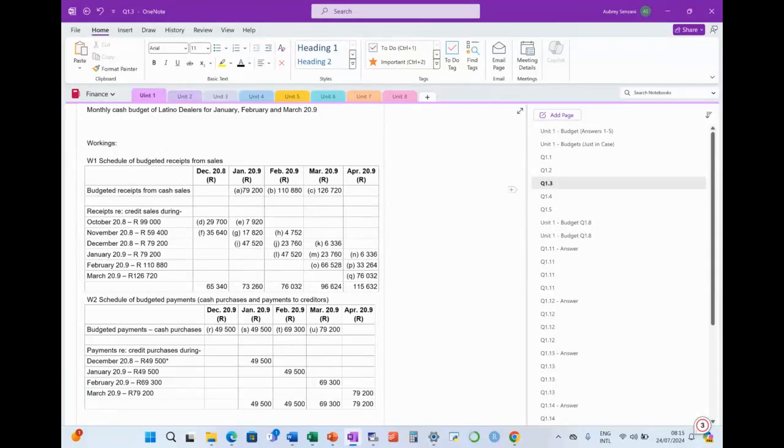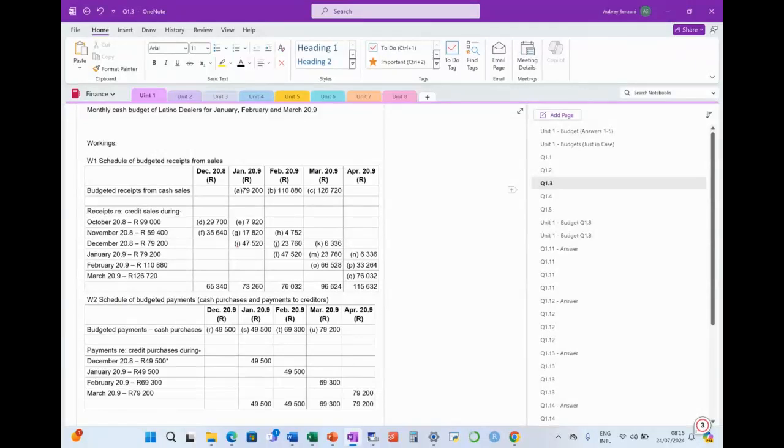Okay, cool. So in question 1.3, under the required, they say, prepare the monthly cash budget of Latino dealers for January, February, and March 2009. So again, we are still doing budgets, but it's just been extended a little bit, and you'll see where and how.